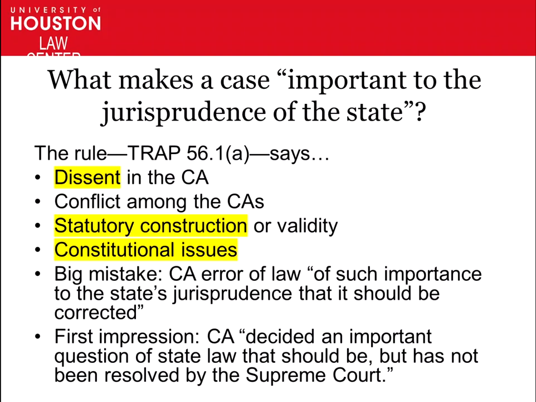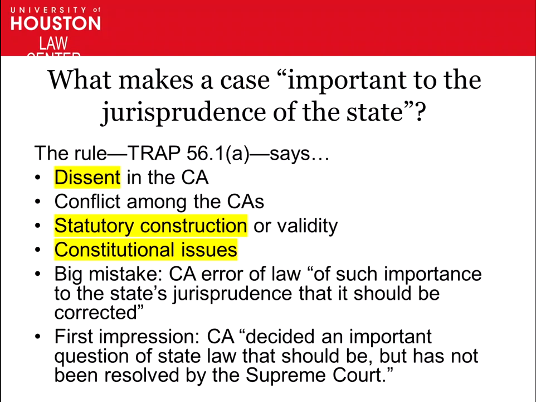Two other items listed in 56.1 that are considerations in granting review: if there's a big mistake, like the Court of Appeals erred, again, on a matter of law, not fact. The error of law is of such importance to the state's jurisprudence that it should be corrected.